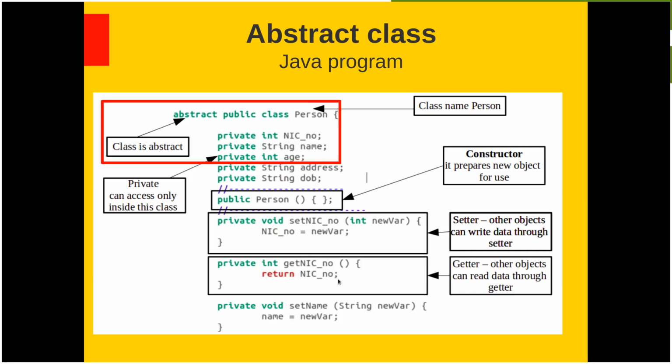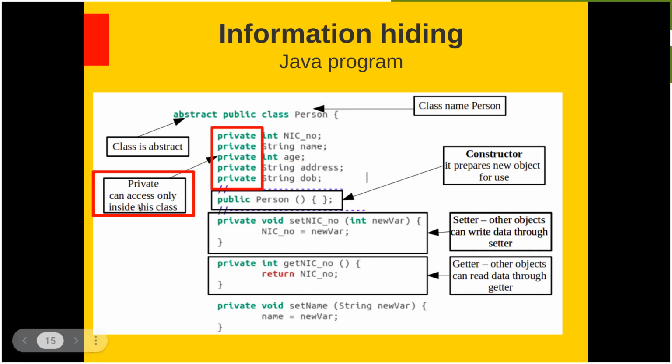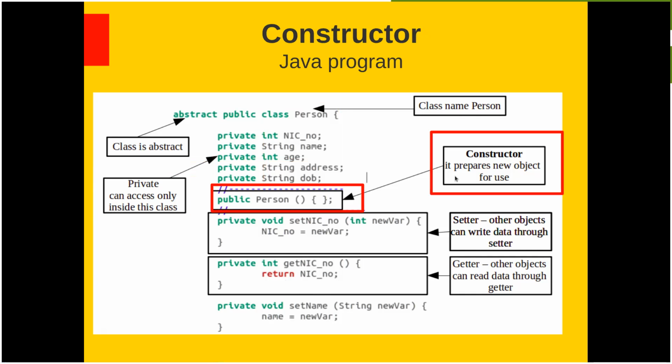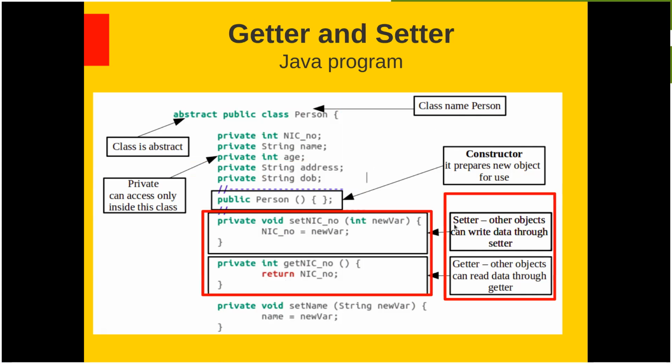Here you can see when we read it, it only returns. Here private can be accessed only inside the class. Constructor, it prepares a new object. Setter and getter.